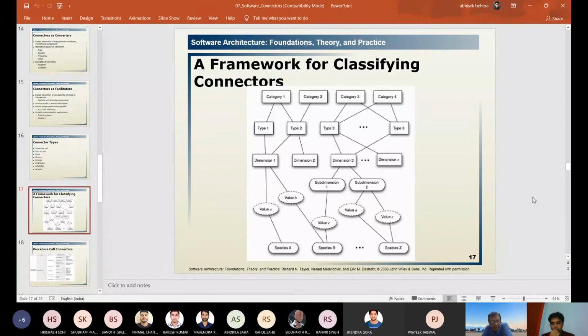Tomorrow I will ask, when the invocation is going on, what type of connector you will fix, what type of connector it is, you have to answer. So think always in that angle. How connector plays a very vital role for any software system to fix up the architecture. The components are important, but connectors are much more important.